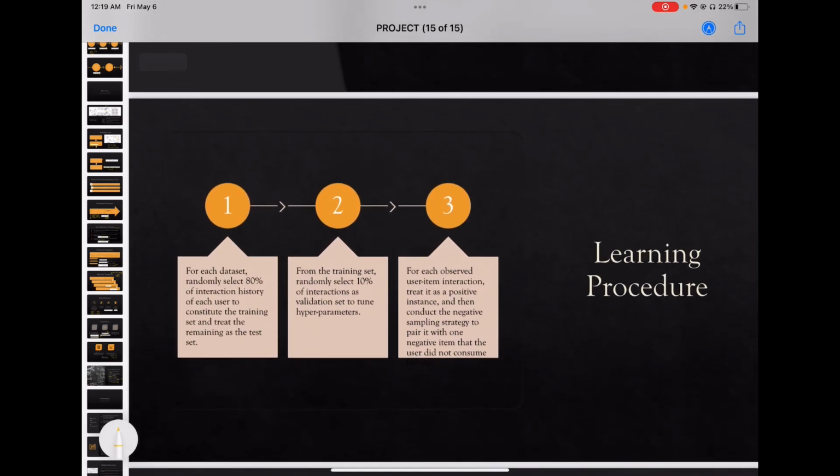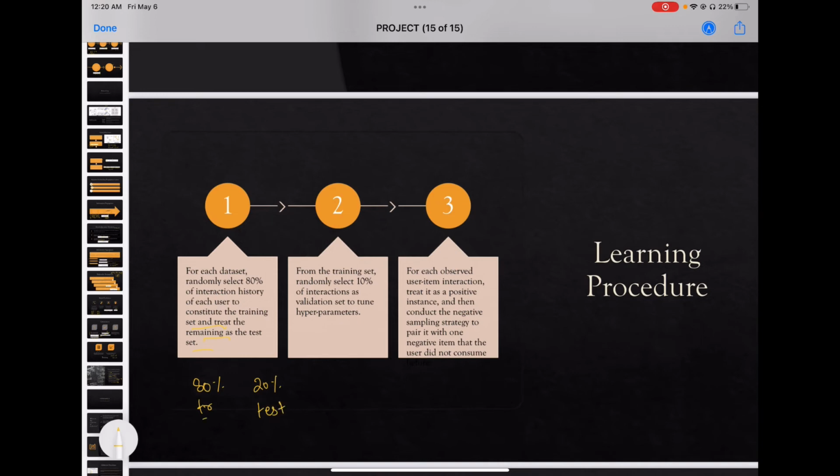The next thing that we see is the learning procedure. For each dataset, randomly select 80% of the interaction history of each user to constitute the training set and treat the remaining as the test set. So 80% will be the training set and 20% will be the test set.